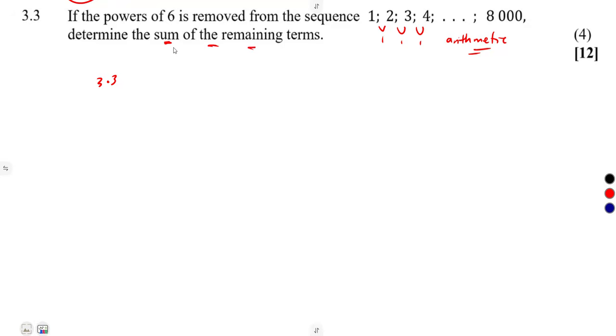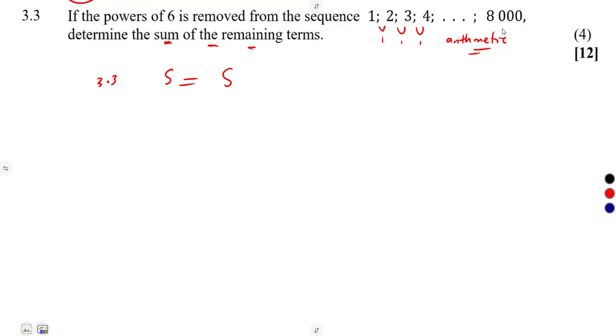It's about the sum. So the sum of the remaining terms is simply supposed to be taken from the sum of all terms that were given, forming this arithmetic. Remember, all terms form an arithmetic. So all terms here, how many are they?